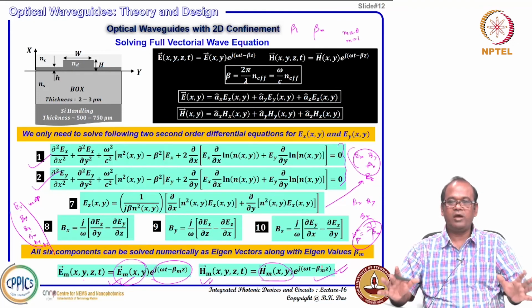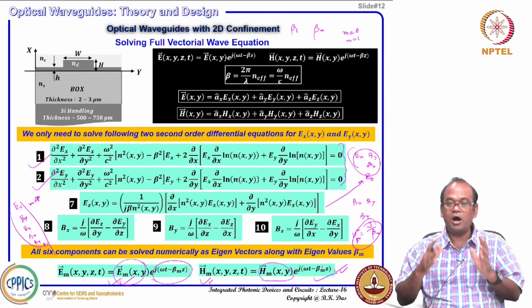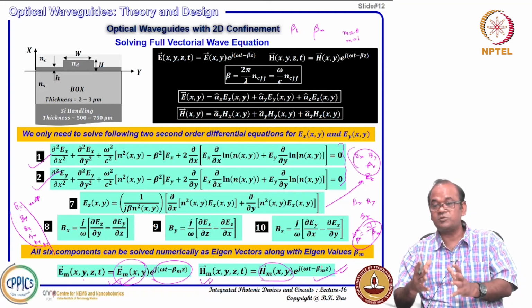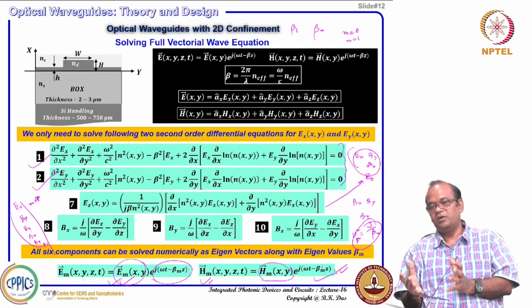So now we are set, this is the full vectorial method. Normally in a photonic wire waveguide structure or silicon photonics waveguide, to design a single mode guidance, or to find how many modes there are and what the field distribution is, it is very difficult to solve analytically.